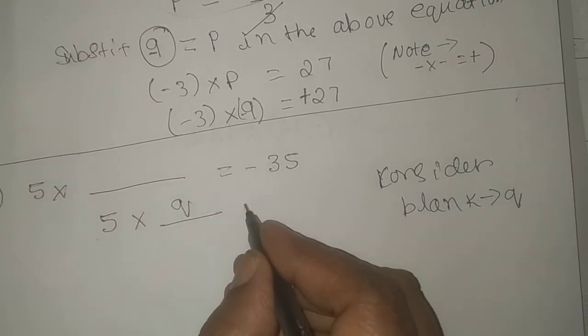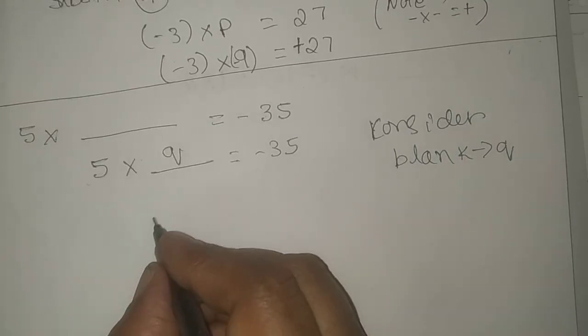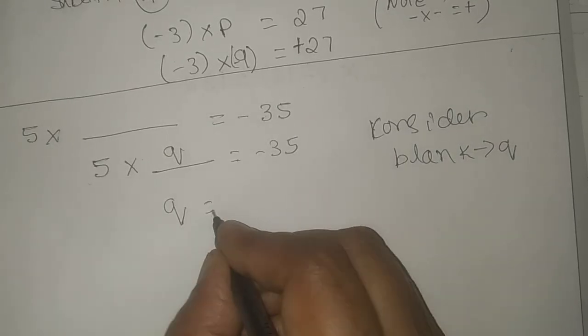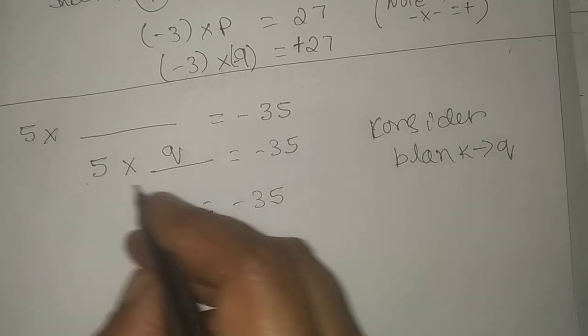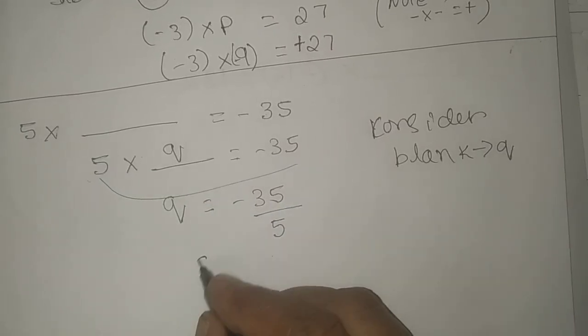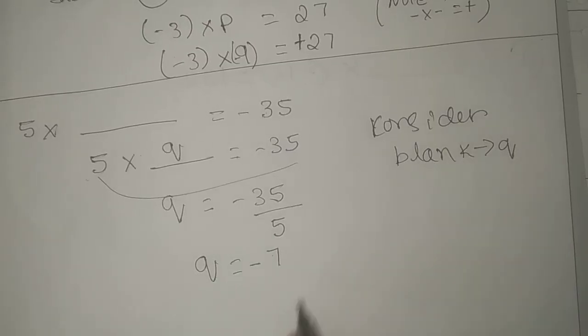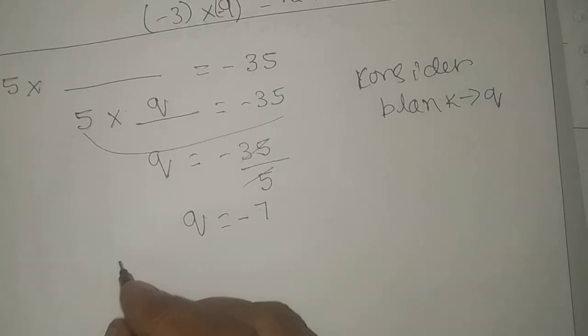So we'll write q here is equal to minus 35. Then q is equal to minus 35. 5 comes here, divide by 5. Q is equal to minus of 7. 5 ones are 5, 5 sevens are 35.